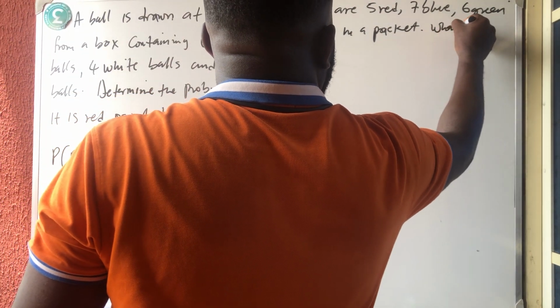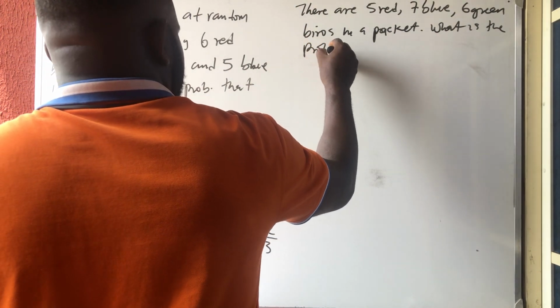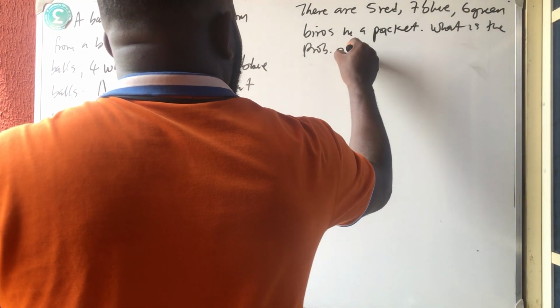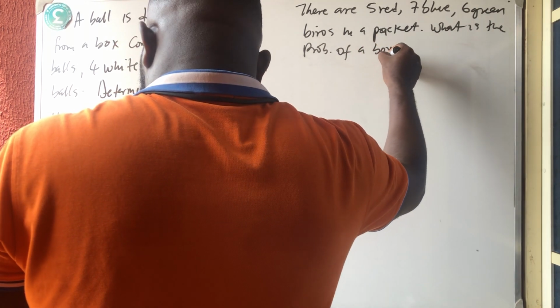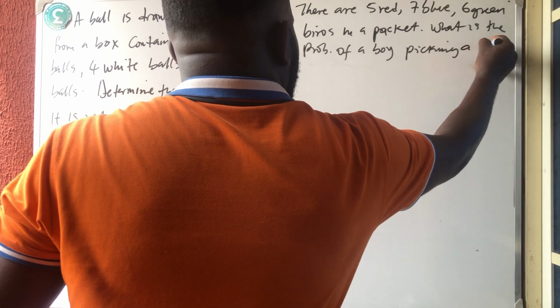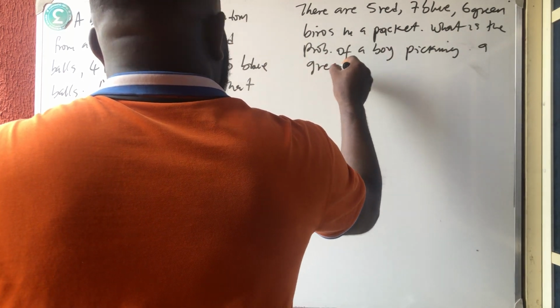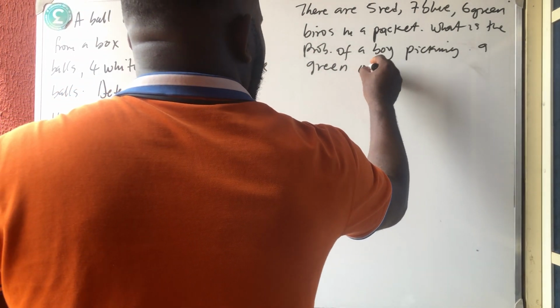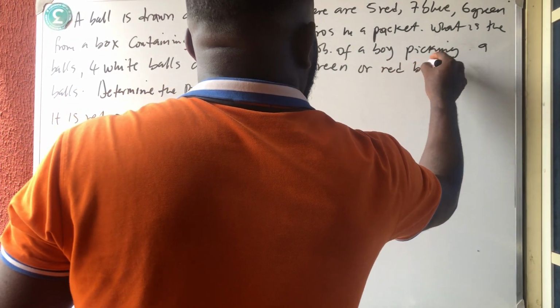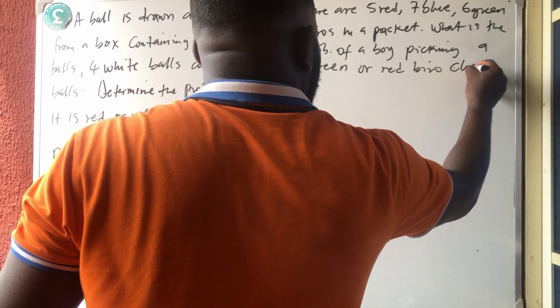Then they say, what is the probability of a boy picking a green or red biro closing his eyes?